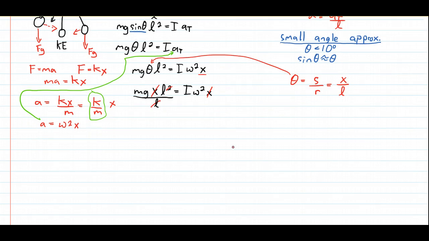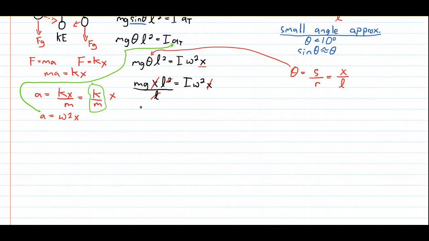And so it very much simplifies our equation, giving us mg L equals I omega squared. So our equation becomes much simpler after we do that. And then we can go ahead and solve for omega, which will give us mgL over I.